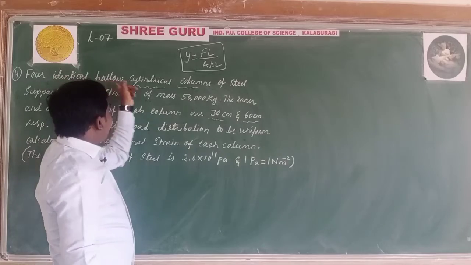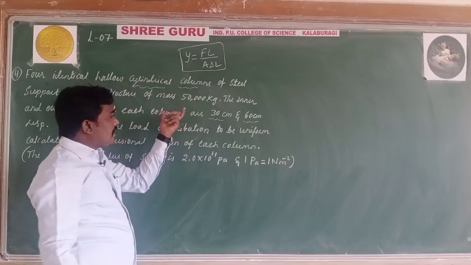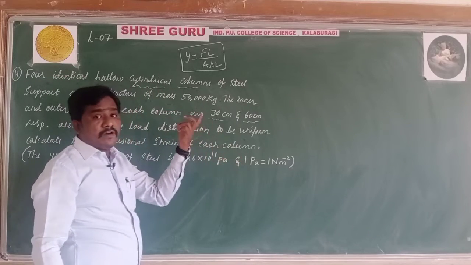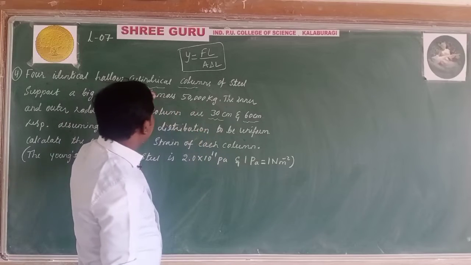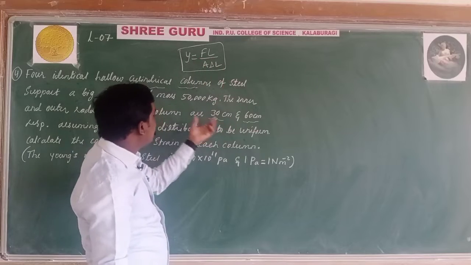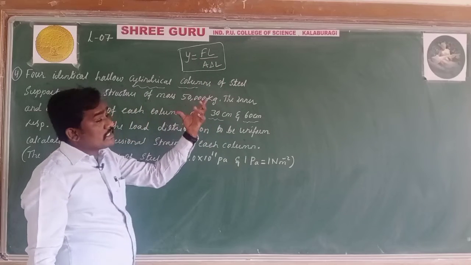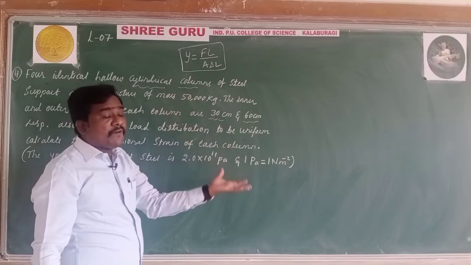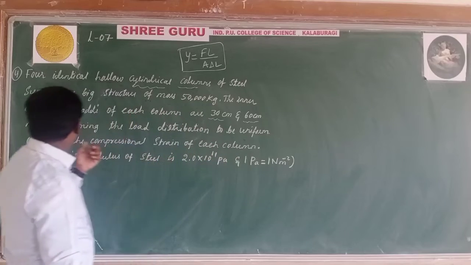Among these four identical hollow cylindrical columns, the load is distributed uniformly, equally.